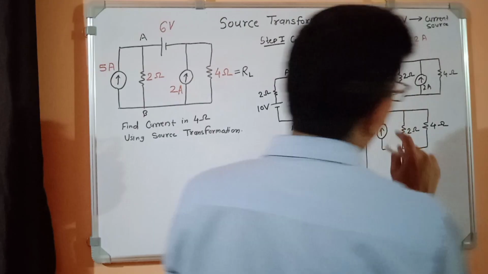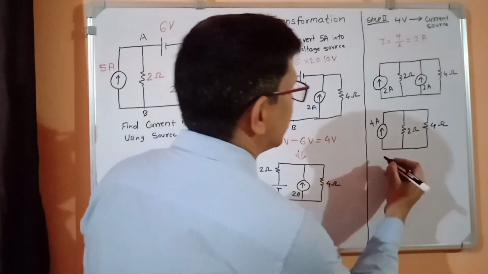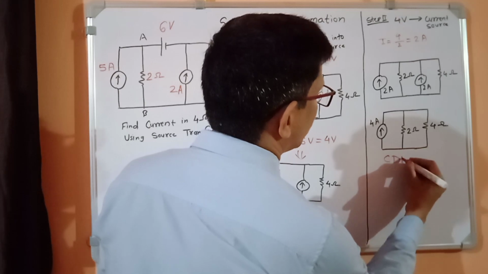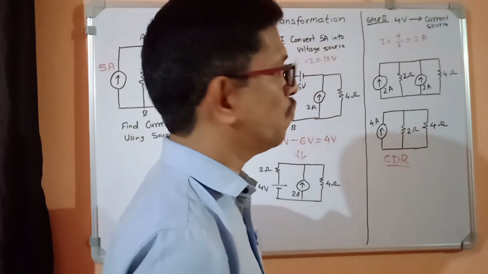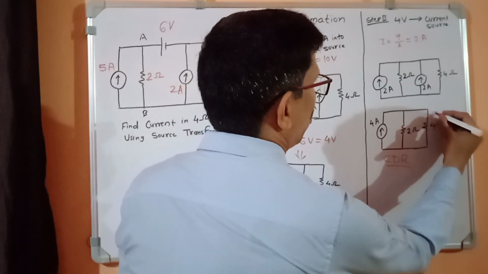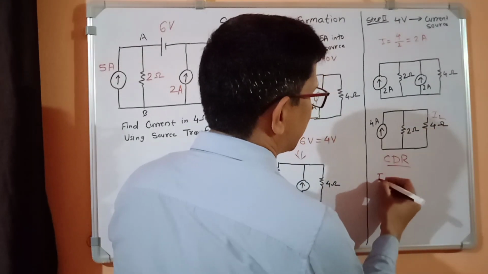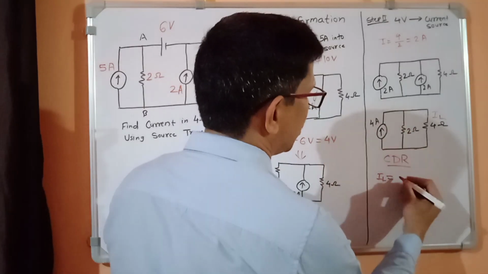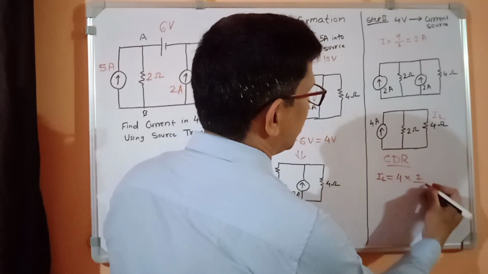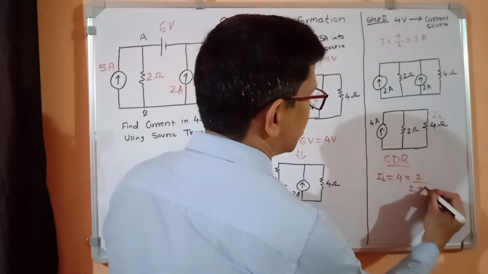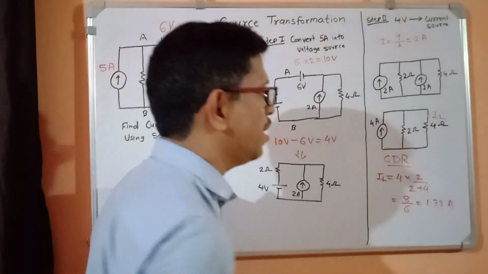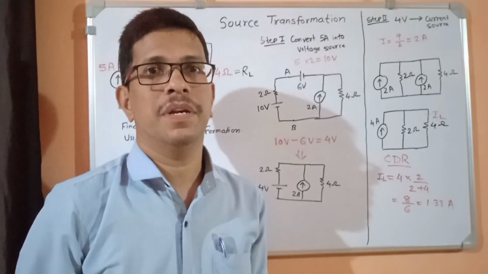Now we can use the current division rule to find the current in the 4 ohm. IL will be equal to the total current 4 into the opposite branch resistance 2, divided by the total resistance 2 plus 4. So the answer is 1.33 ampere. Thank you.